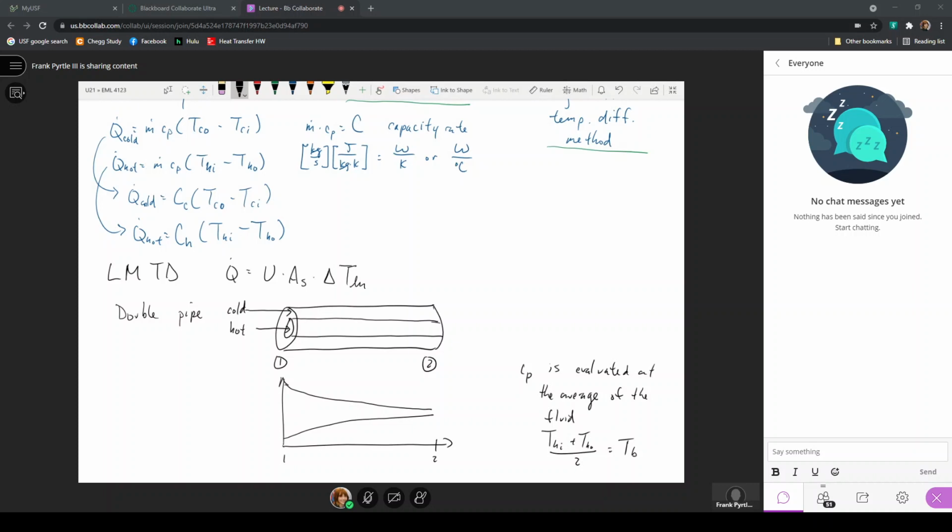Now, the surface areas are based on the inner and the outer diameters of the pipe. Now, this is a heat exchanger, and so this inner pipe is typically made as thin as possible, so many times it's less than a millimeter thick, so that the inner diameter and the outer diameter yield essentially very small differences between the surface areas.